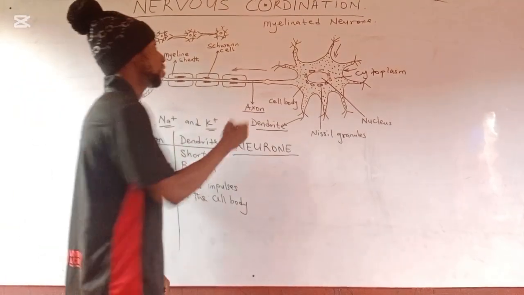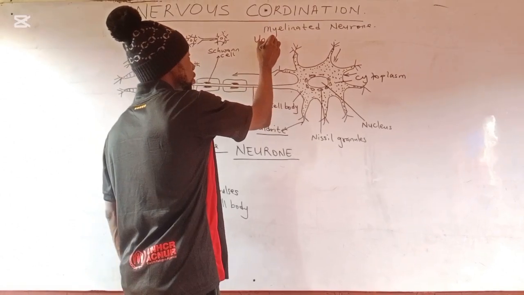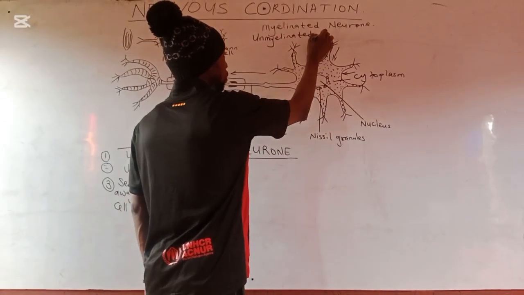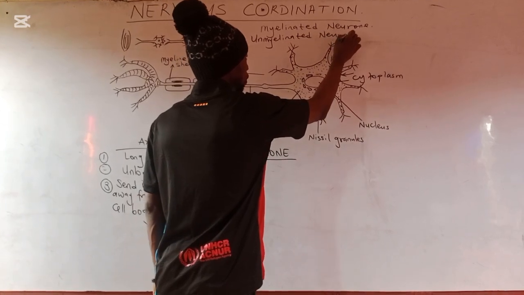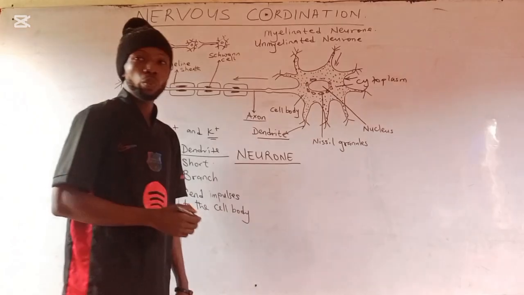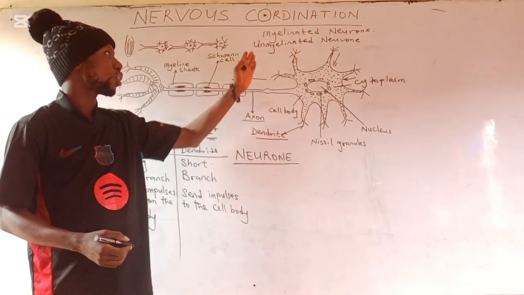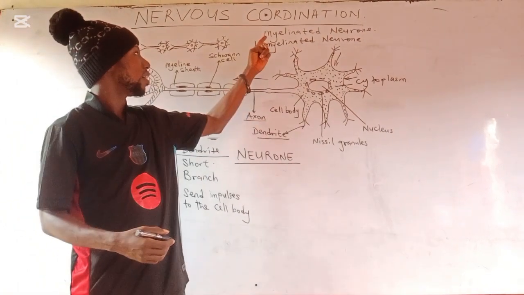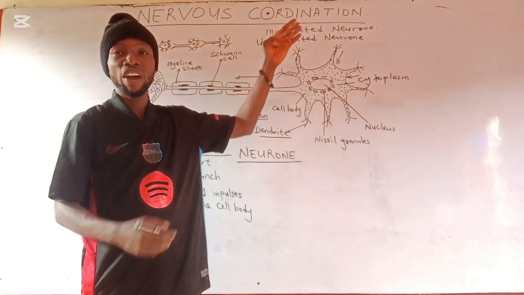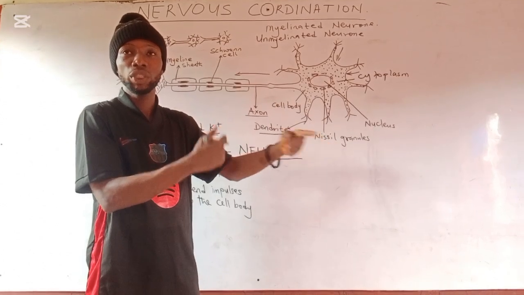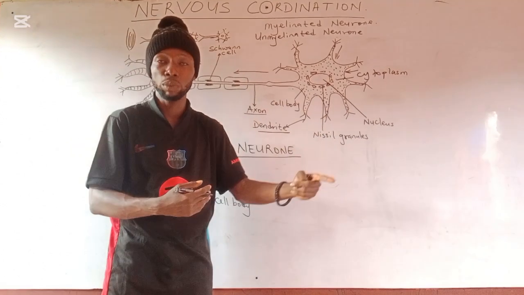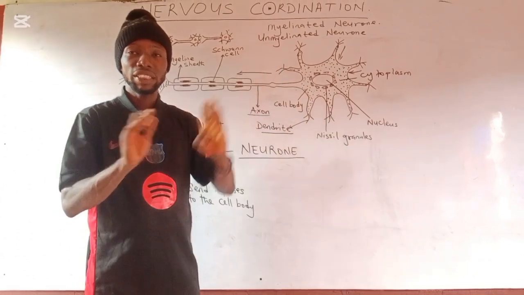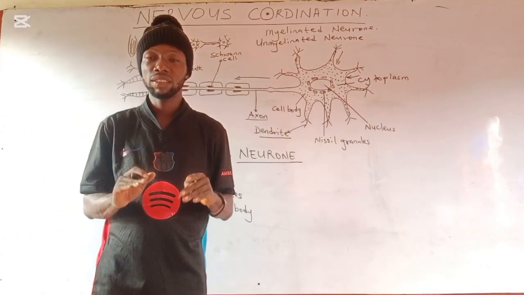Neuron without myelin sheath are known as unmyelinated neuron. Why? Here, in myelinated neuron, we have myelin sheath present, which increases the rate of impulse transmission. Then, in unmyelinated neuron, there is no myelin sheath.